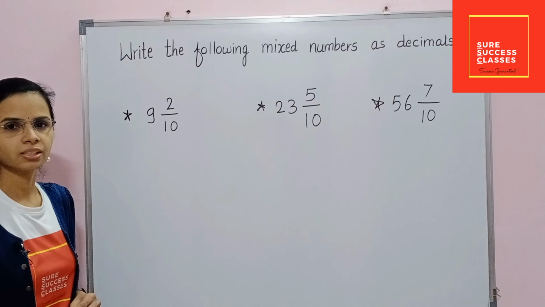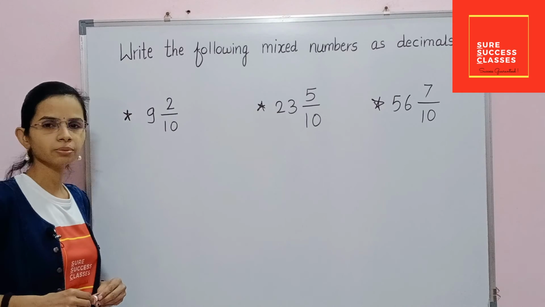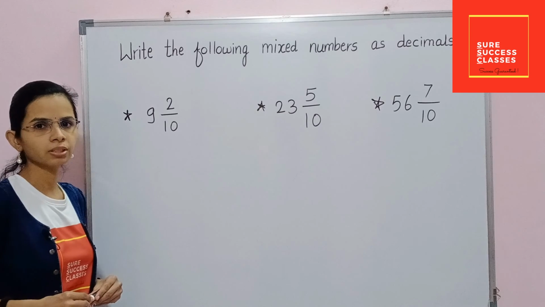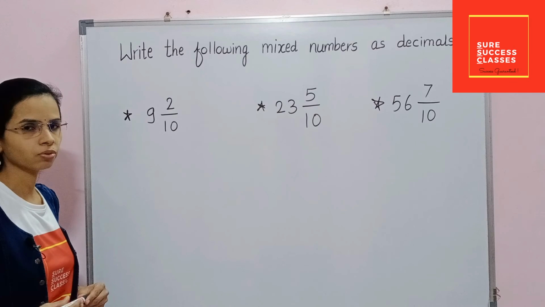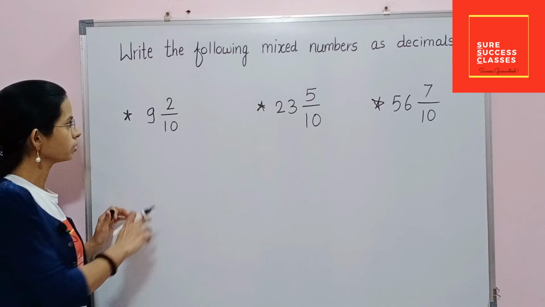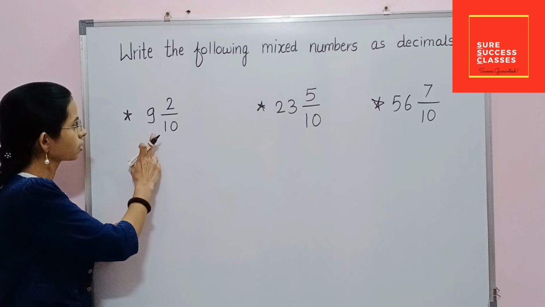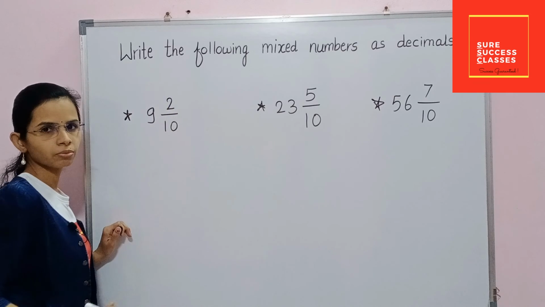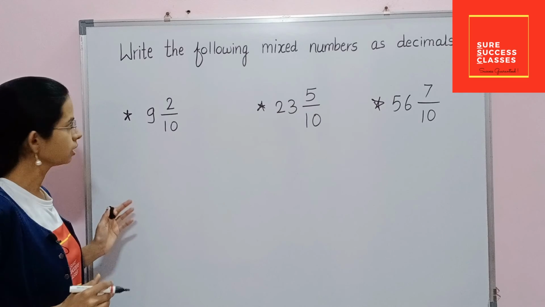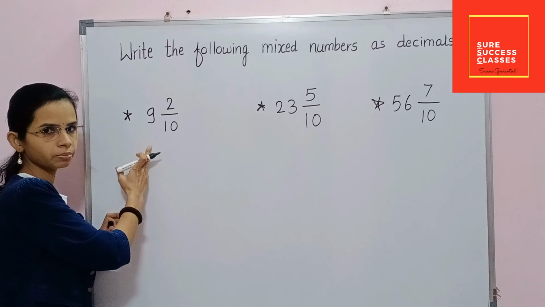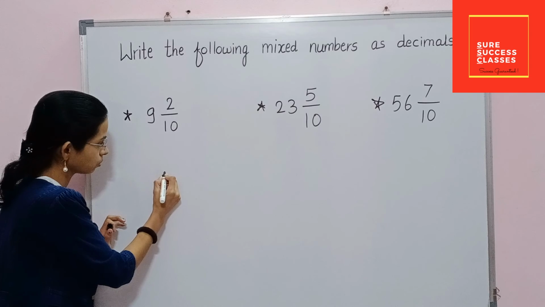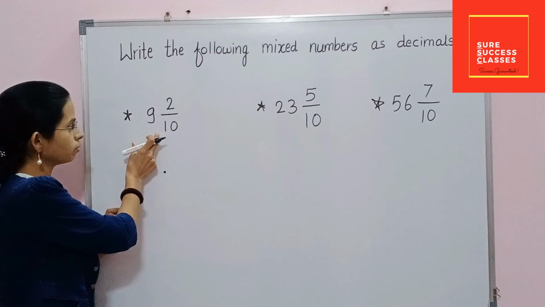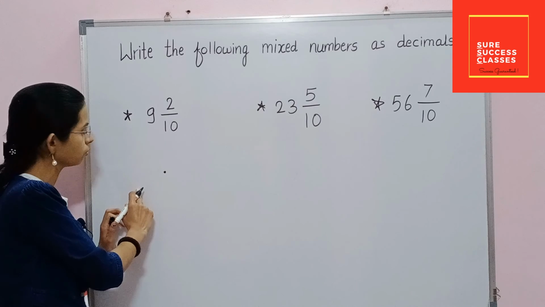Let's solve another question. Question is that, write the following mixed number as a decimal. Here mixed fractions are given and we have to write their decimal form. So let's start. In the first example, the whole part given is 9 and 2 tenth. When we write the decimal with whole numbers, at that time first put the decimal point and we always write the whole number before this decimal point.